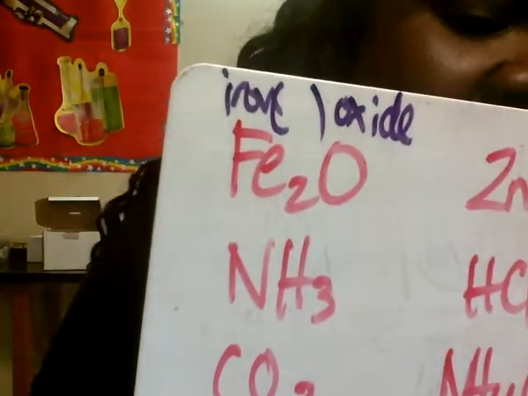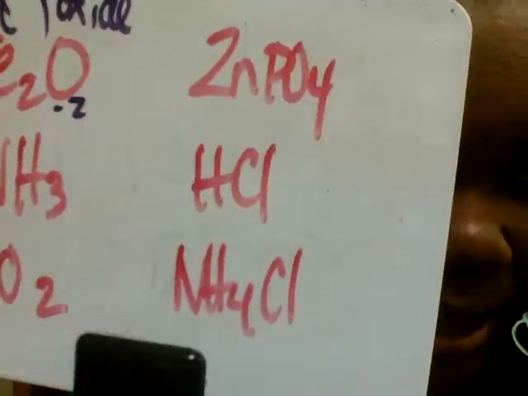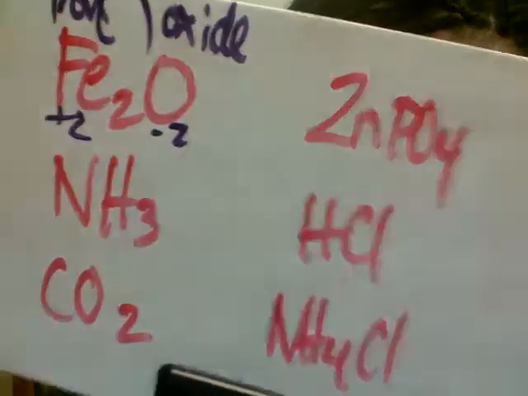All right? Now, I have 2 irons. See that? 2 irons with 1 oxygen. Now, I don't know anything about iron because it's a transition metal. But I do know that oxygen is a -2. Now, what's going to cancel out a -2? A +2. But that +2 has to be divvied up between those 2 irons. So if I need to get a total of +2 between 2 irons, how much does each one have to be?